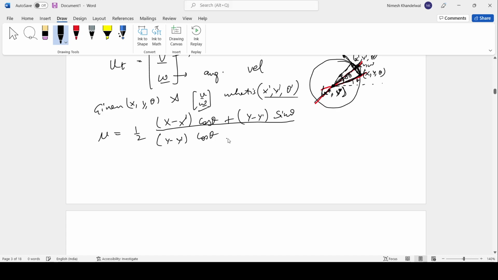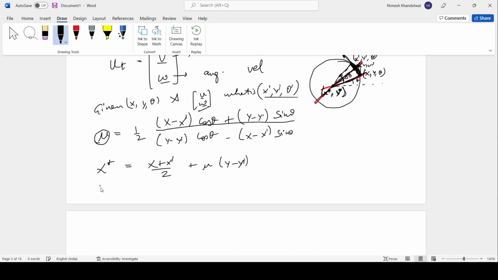cos theta, then minus x prime sin theta. If this is a quantity mu, it is just an intermediate quantity. Your x star will come out to be x plus x prime over 2, which is the center point of the line connecting our two states, plus mu times y minus y prime.